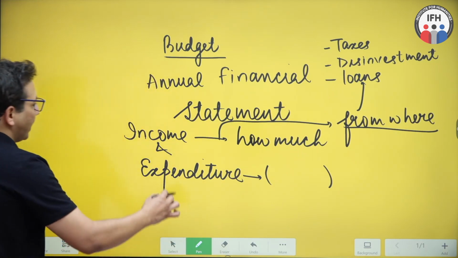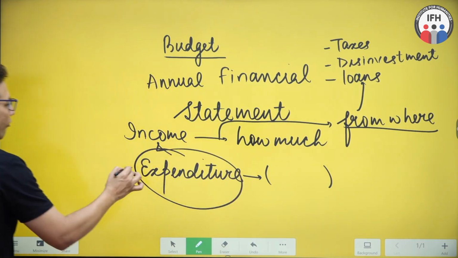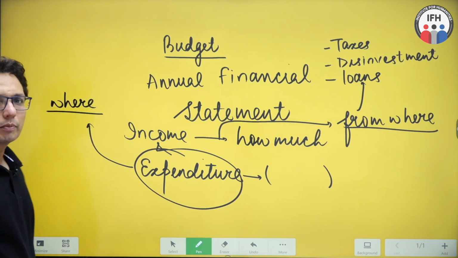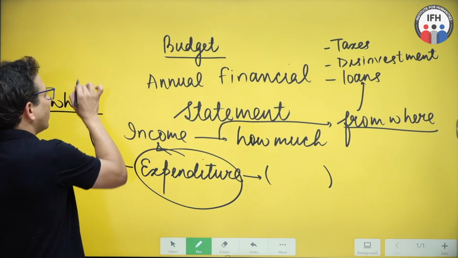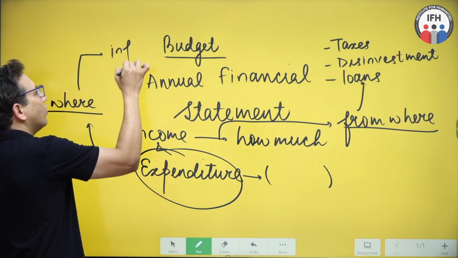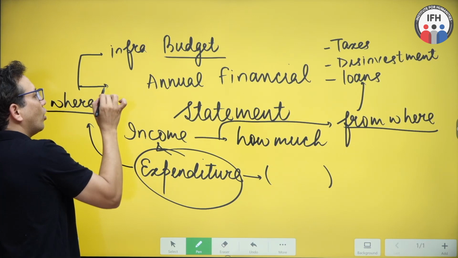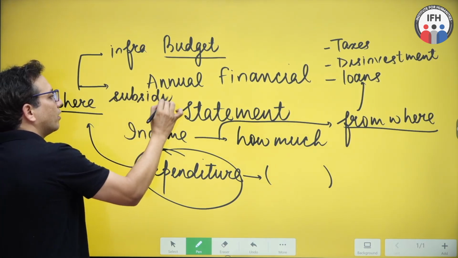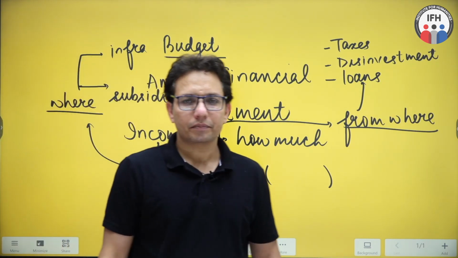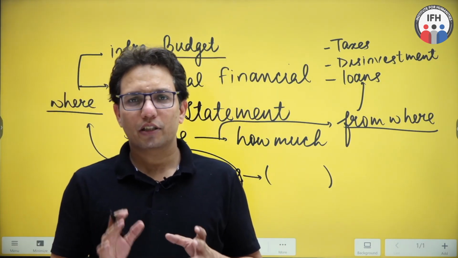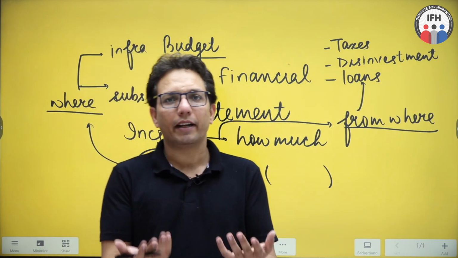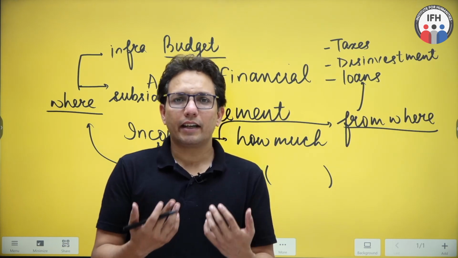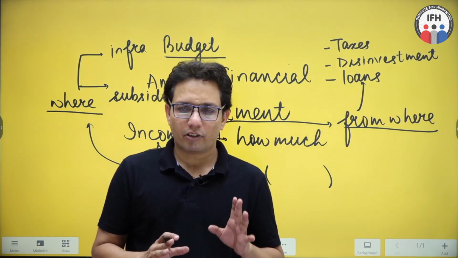And similarly, when I say expenditure, it means where the government is going to spend its money, whether on creation of infrastructure or on providing subsidies. So budget tells how much the government is spending and where it is spending, and how much the government is earning and from where it is earning. That is what budget is.